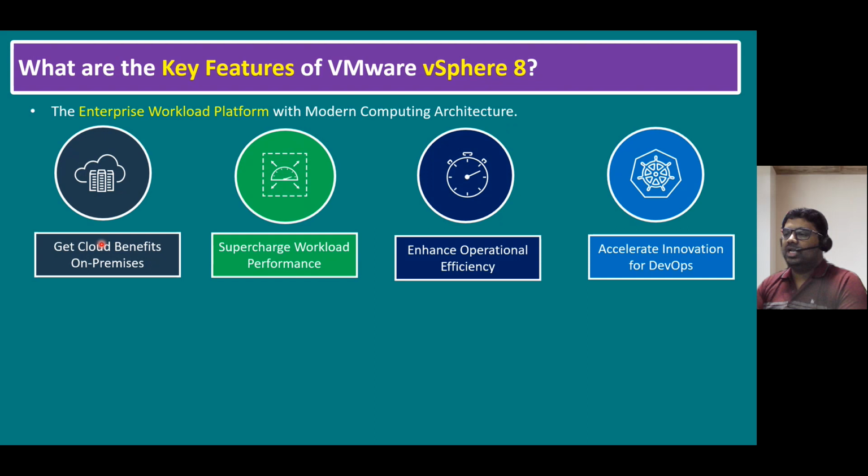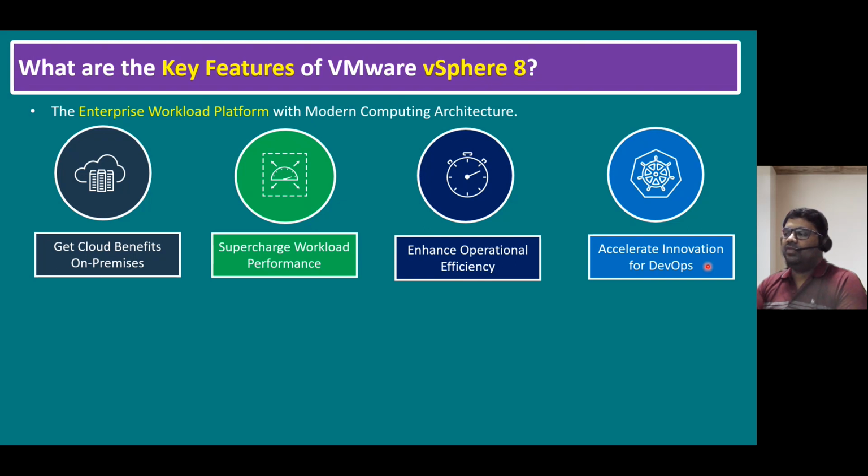The first feature is that vSphere 8 brings cloud benefits on premises and supercharges workload performance because we are using DPUs, data processing units, and GPUs, and enhances operational efficiency. That means when you are using a DPU, we can automate our lifecycle management. Not only lifecycle management, some other tasks can also be automated using vSphere 8 features.